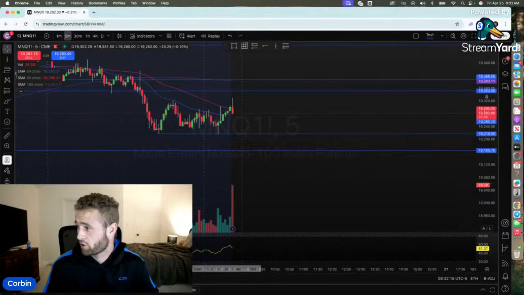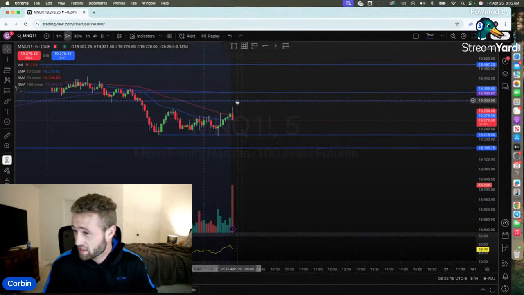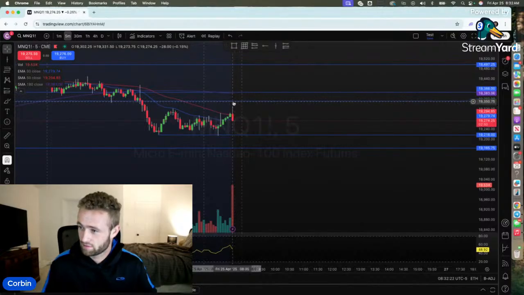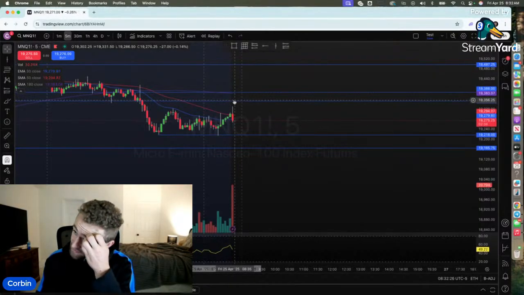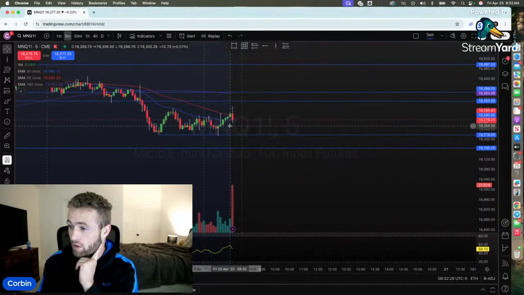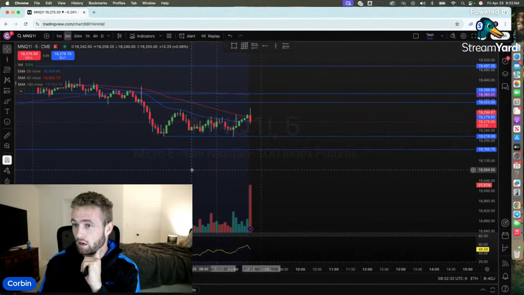Ideally, if I'm going bearish on it, I'd like it to come up here and show some signs of resistance, and then I'd go down to the 1-minute chart and take a look. But right now, we don't have any confirmation on anything.